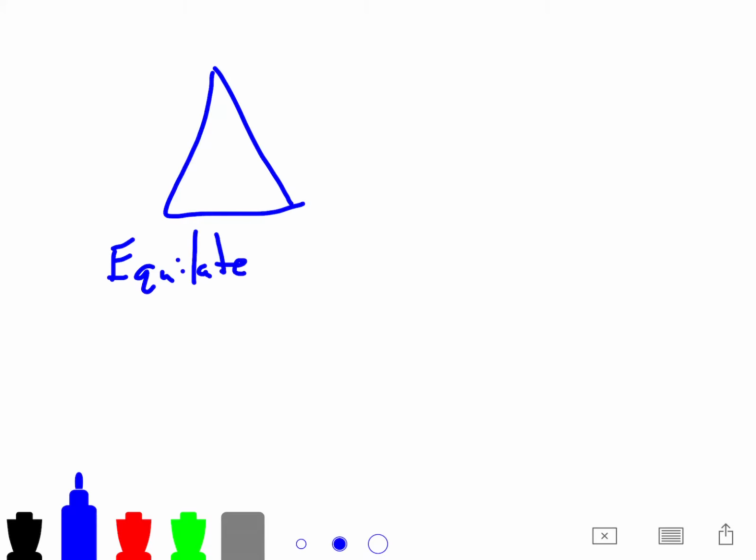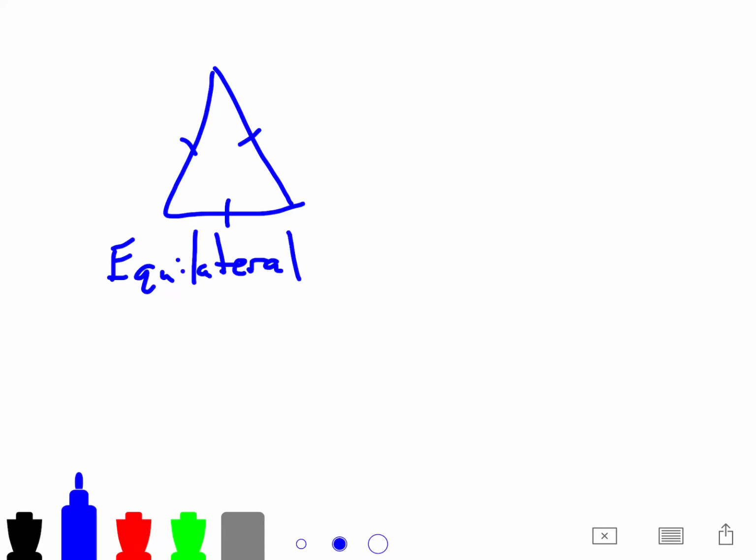An equilateral triangle just says, and we're not doing this based off of the picture because I have no straight lines, that all of the sides are the same. So I'm going to put my congruency tick marks there. So an equilateral triangle has those three equal sides.